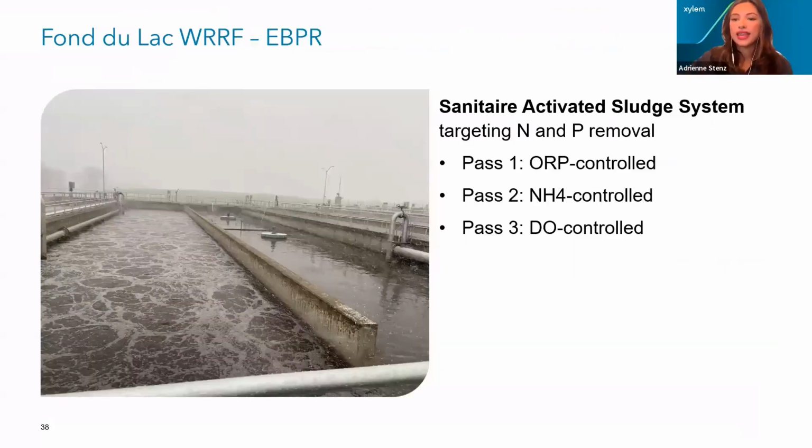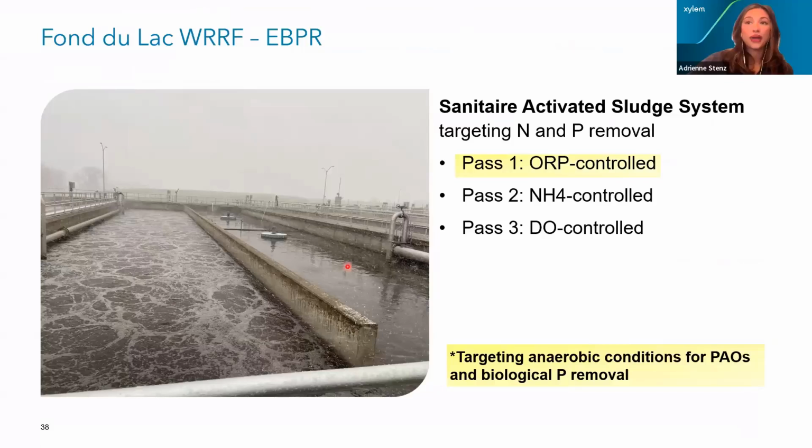So this is a look at the activated sludge train at Fond du Lac. There are 3 passes in this train, but shown are only pass 1 and pass 2. Pass 1 is this zone with no aeration. This zone is targeting anaerobic conditions for the PAOs to biologically remove phosphorus.